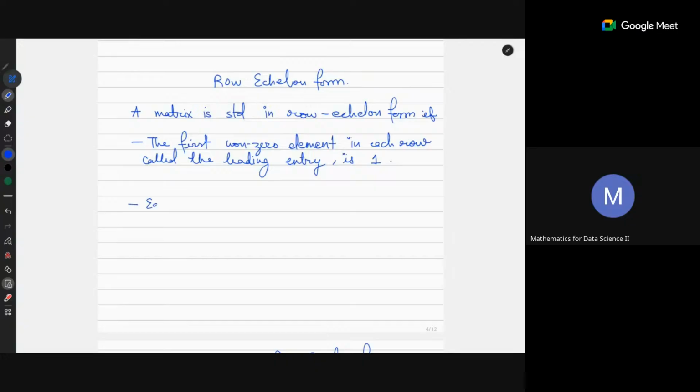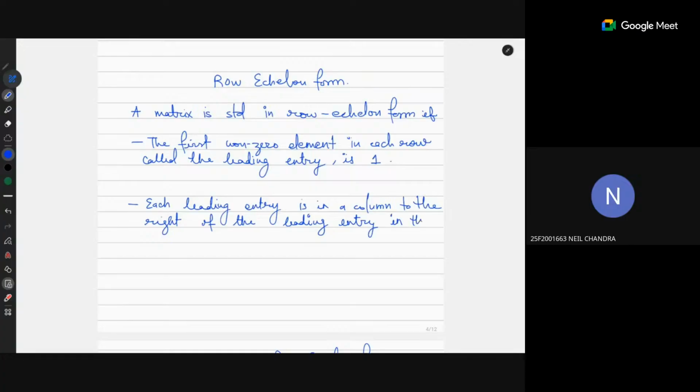So let me just first write down this definition of the echelon form. Each leading entry is in a column to the right. So this definition might seem a bit lengthier and difficult to understand at first glance, but you will get used to it.